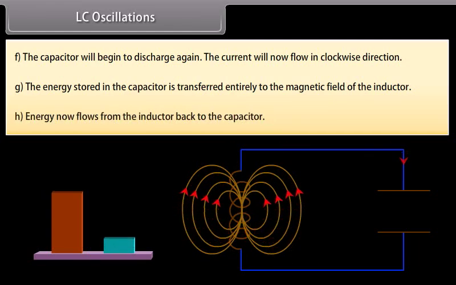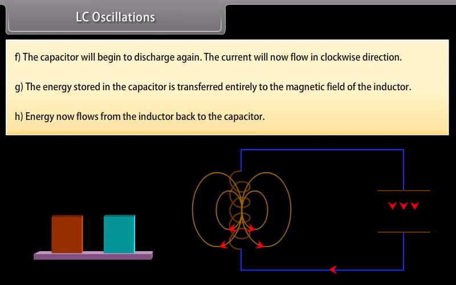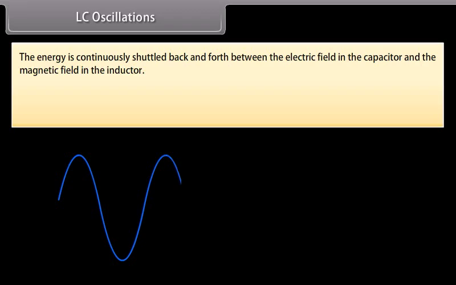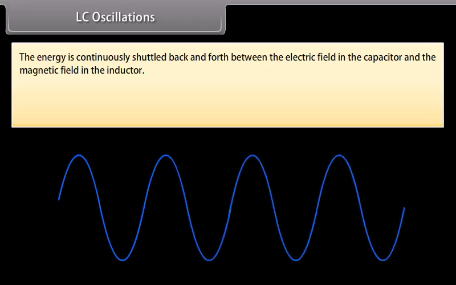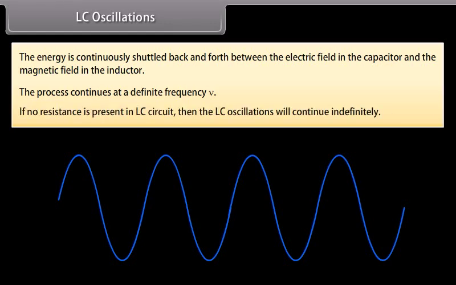Energy now flows from the inductor back to the capacitor. The energy is continuously shuttled back and forth between the electric field in the capacitor and the magnetic field in the inductor. The process continues at a definite frequency. If no resistance is present in the LC circuit, then the LC oscillations will continue indefinitely.